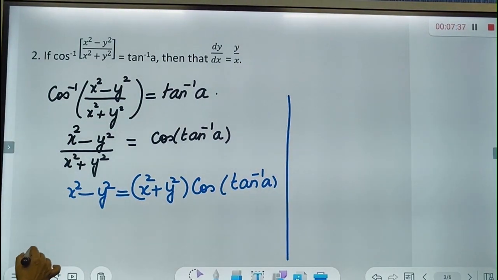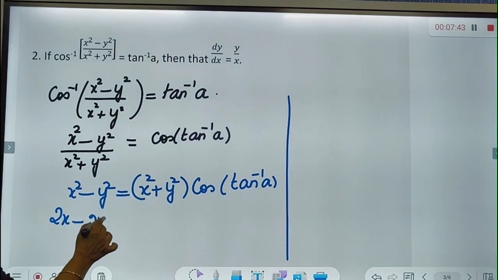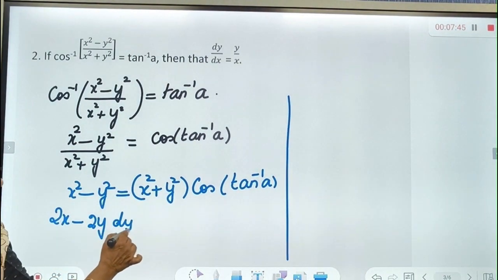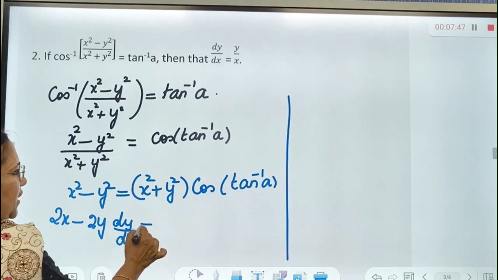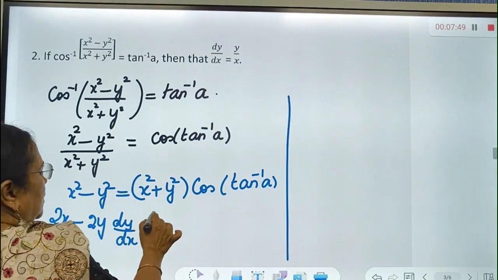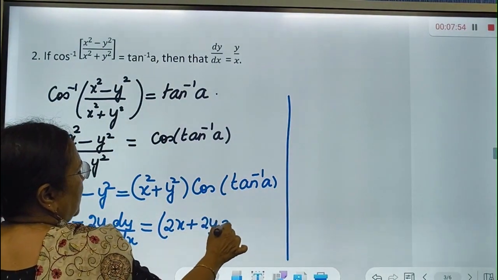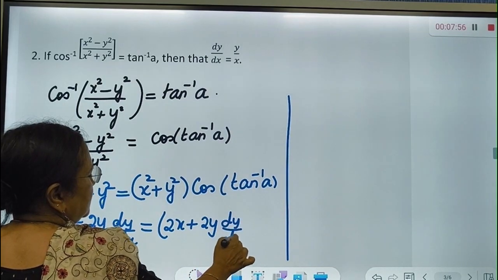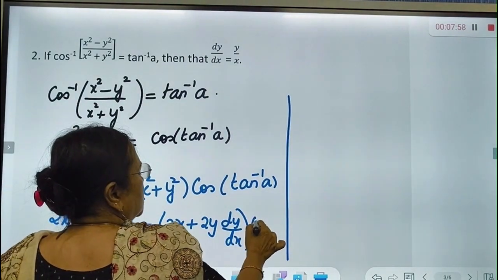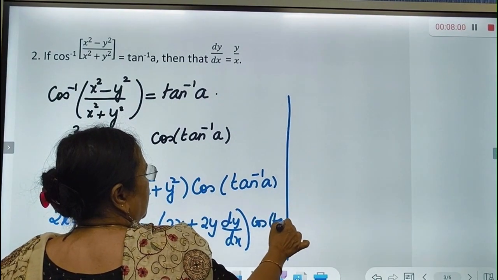Now what is it that you need to find? You have to find dy by dx. So 2x minus 2y dy by dx will be equal to 2x plus 2y dy by dx into cos of tan inverse a.